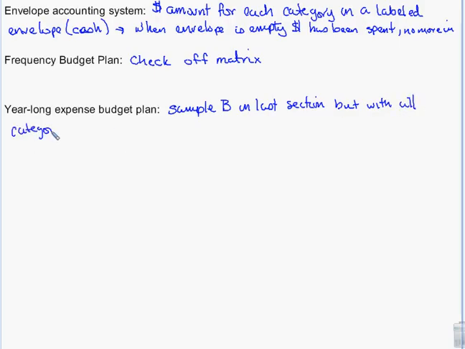So you'd have, you know, across the top, January through December, and down the side you'd have mortgage or rent, electricity, gas, you'd have a transportation section, you'd have your health section, you'd have all your sections for everything that you have to spend money on in a year. So it's just bigger than that sample B. Bigger, longer, not bigger, wider.